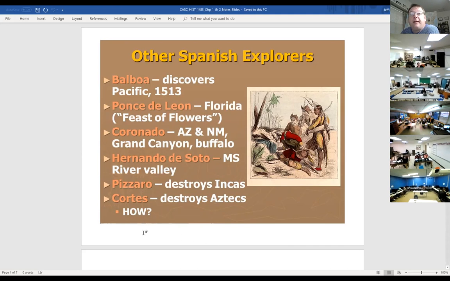And of course, we know they had a more advanced technology. They had horses, but also as we look at the Columbian Exchange, the Europeans brought several diseases with them from Europe that the indigenous people did not have an immunity built up to fight, things like smallpox, influenza, typhus, and other things. So that was part of how they were able to conquer and eventually wipe out these massive civilizations.